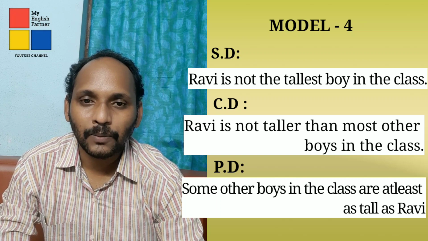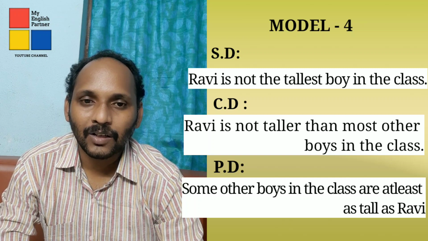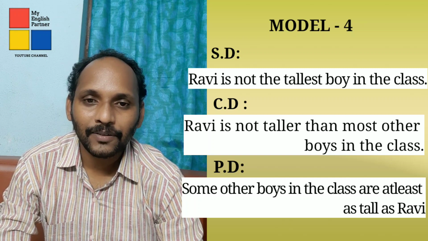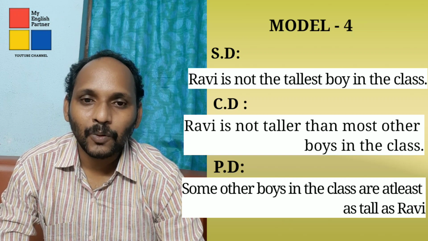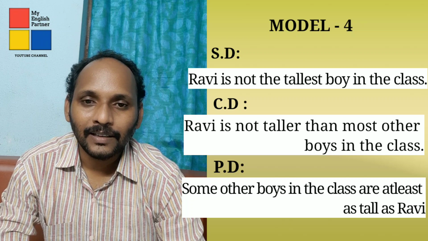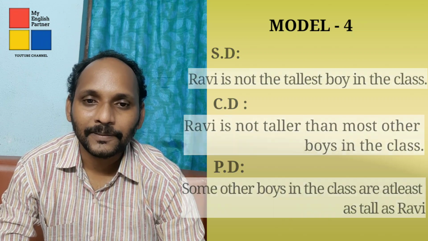We must use the positive degree between "as" and "as." At the end, we have to use the subject, Ravi. Some other boys in the class are at least as tall as Ravi.